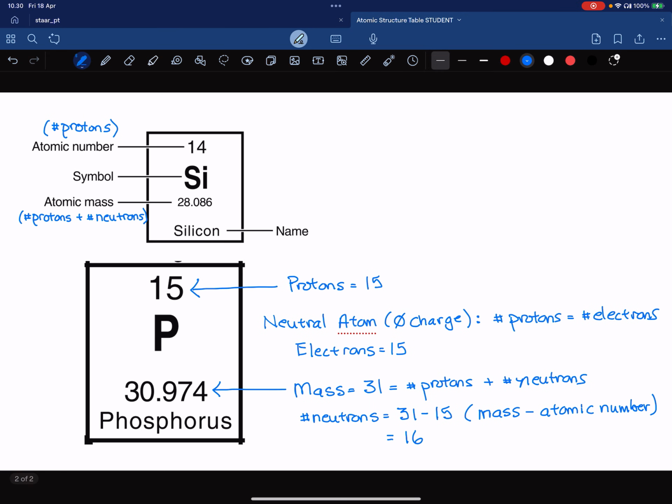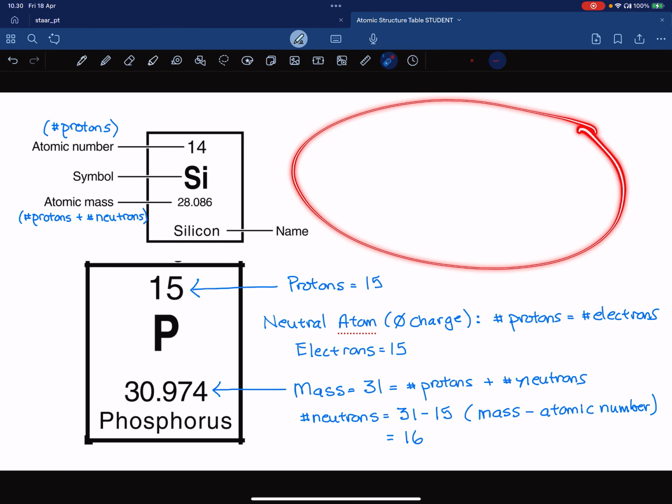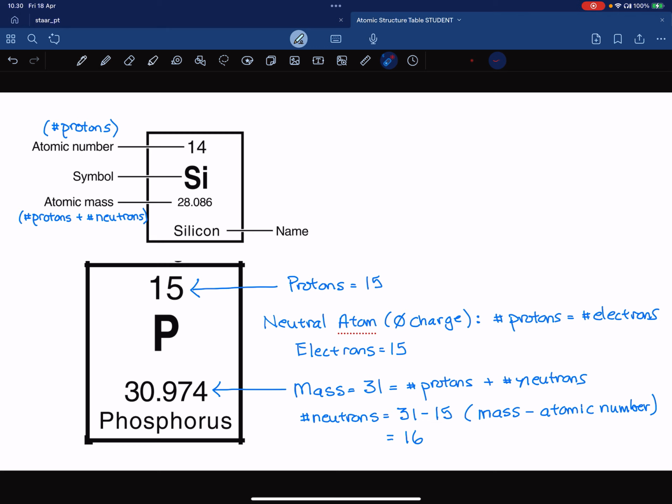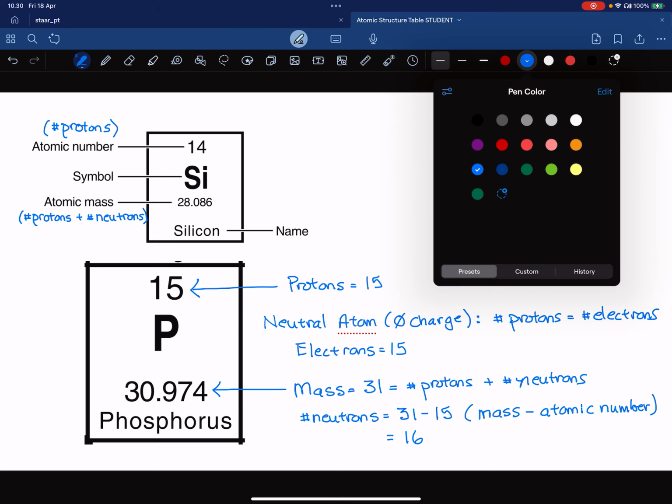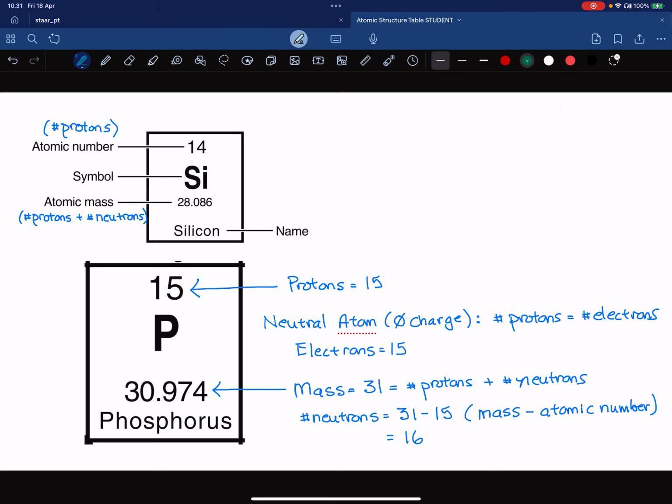Now, let's go up here and let's reduce this to some equations that you can use to do the rest. All right, so protons is equal to atomic number. Simple.